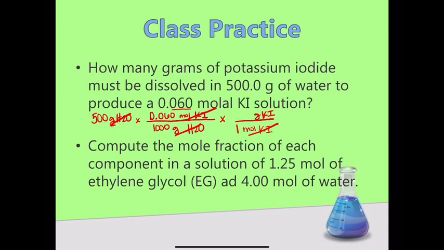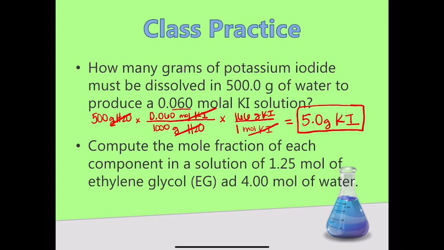And so I think if you add up KI, the molar mass is 166 grams of KI. So if you put this in your calculator, 500 times 0.060 times 166, and then divide that by 1,000, you should get 5.0 grams of KI as your answer.